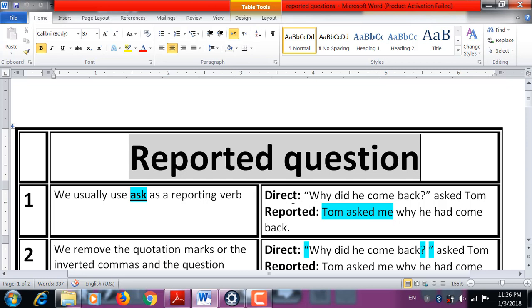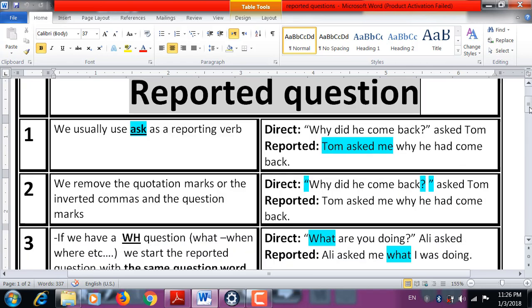So the first step is to use the reporting verb, and the reporting verb for the reported question is ask. We have here, why did he come back? Ask Tom. So we start like this: Tom asked me, or Tom asked why he had come back, right?